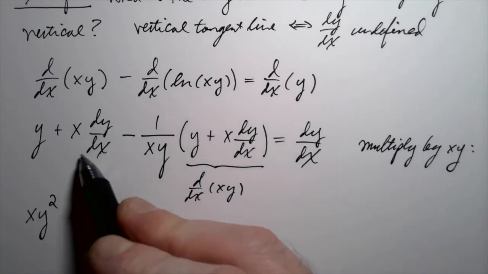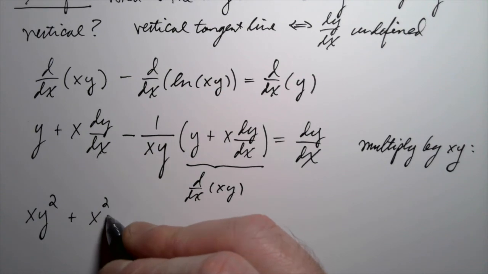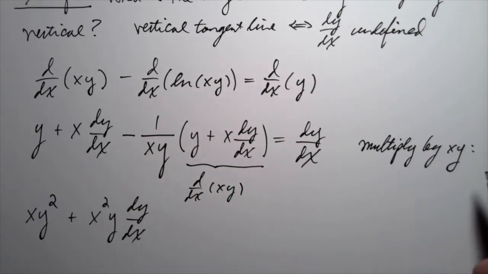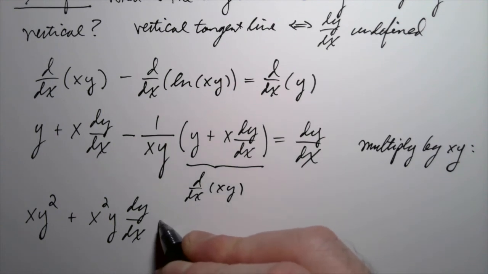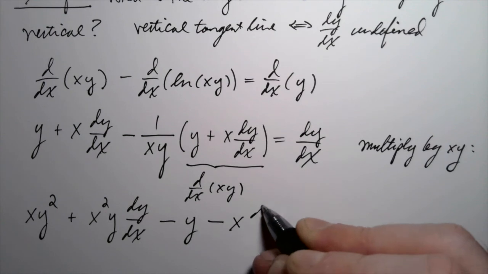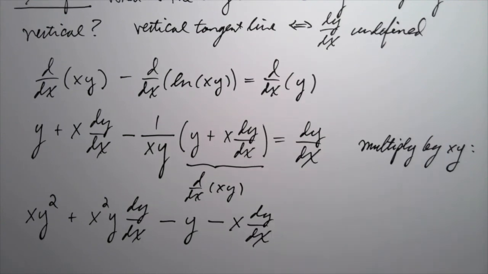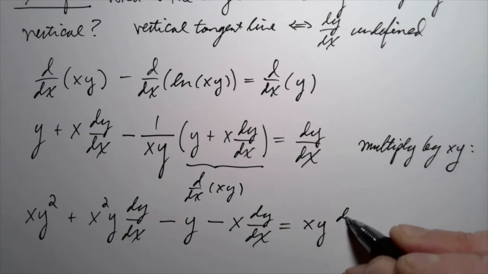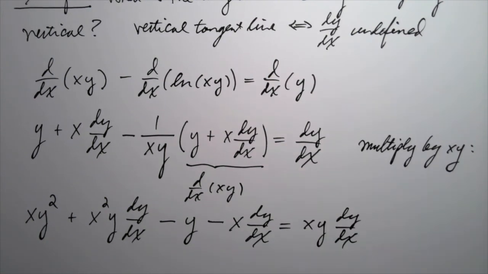And then we'll multiply this term by xy. That'll give us x squared y dy dx. Multiplying by xy here, that'll cancel with the 1 over xy. That was the whole point. I wanted to get rid of that in the denominator. So these terms just come along without any modification because we canceled that xy. And then finally we'll have xy times the derivative of y on the right-hand side of the equation.